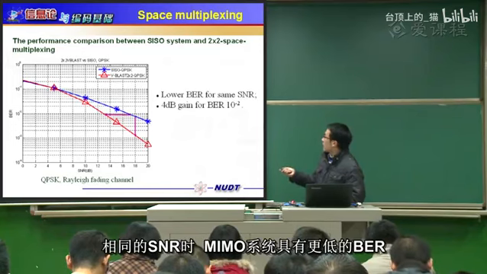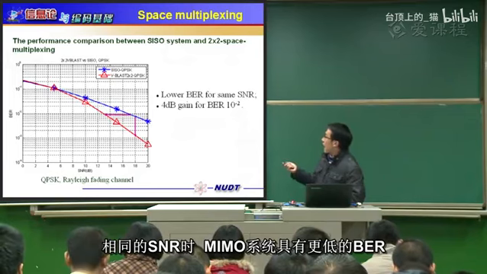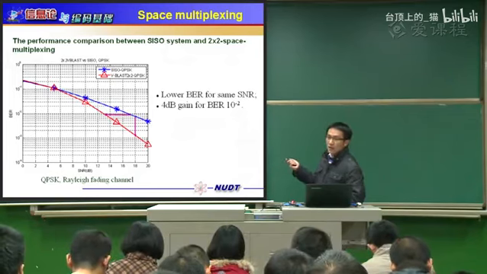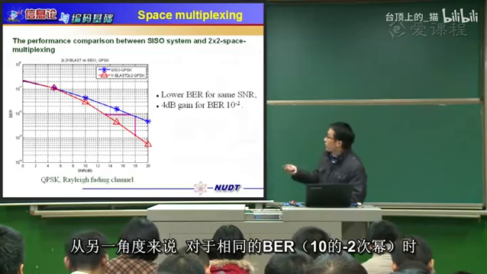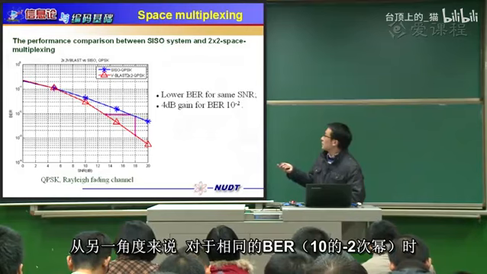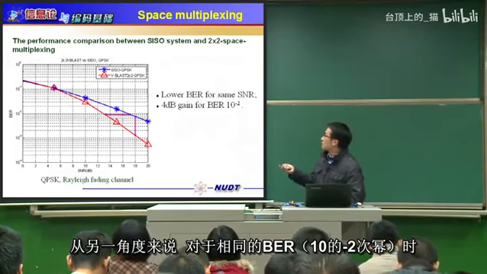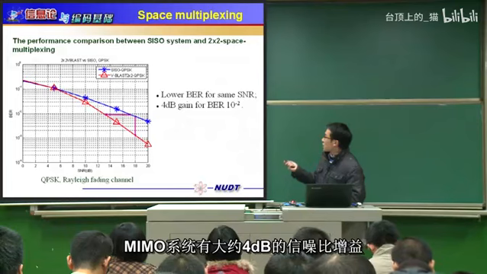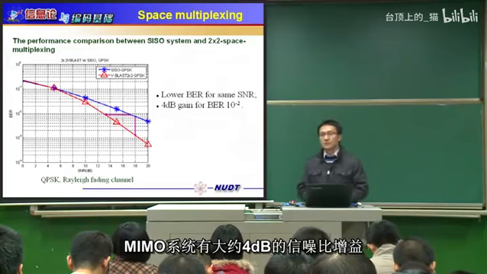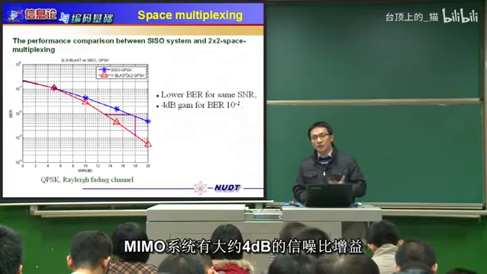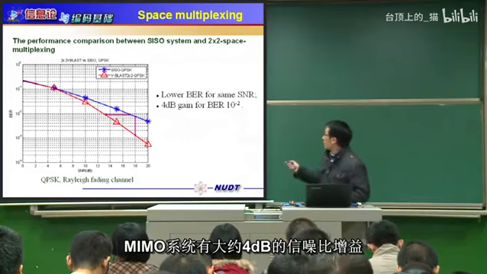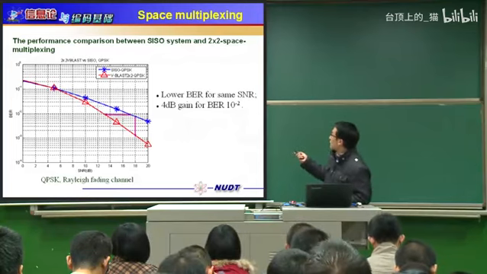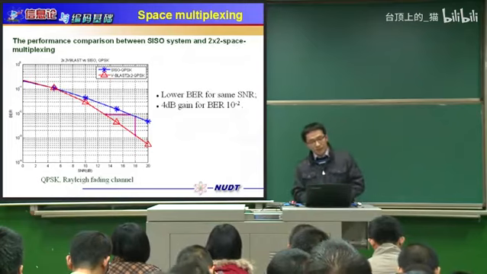It's easy to see from the picture that, first, for the same SNR, the MIMO system has a lower BER, okay? And we can see it another way: for the same BER, the MIMO system has about 4 dB gain over SNR when the BER is 10 to the power of -2.